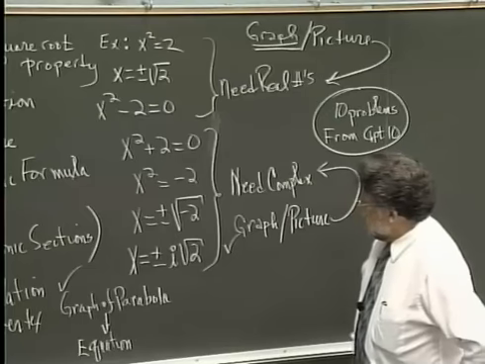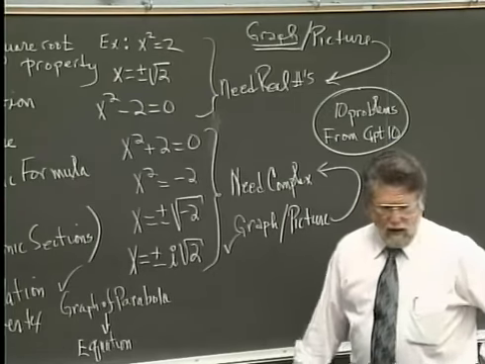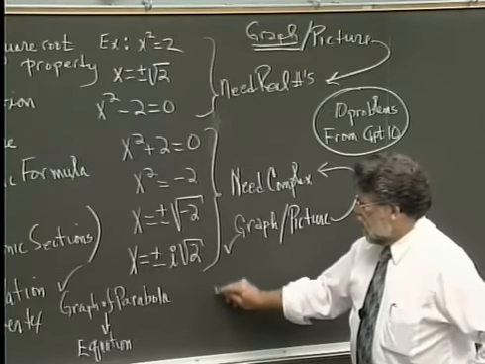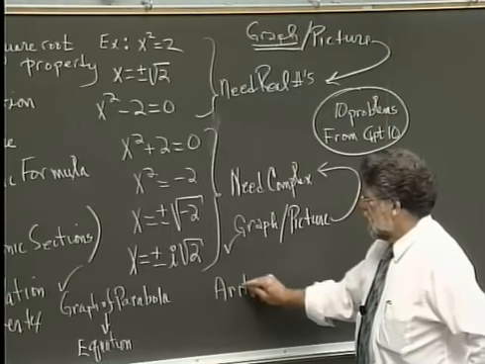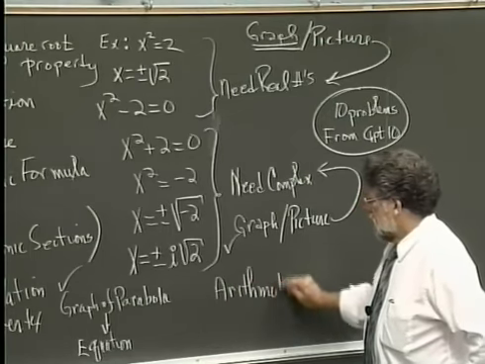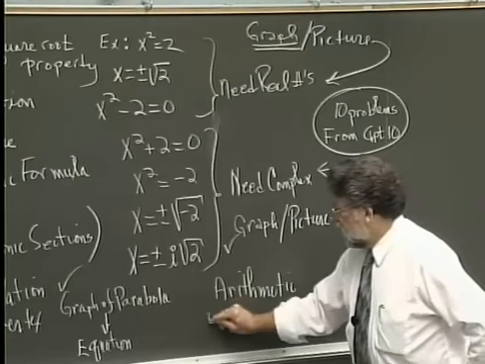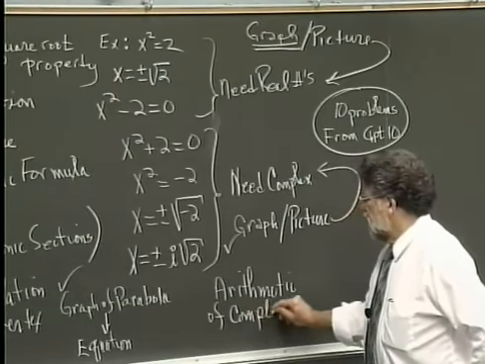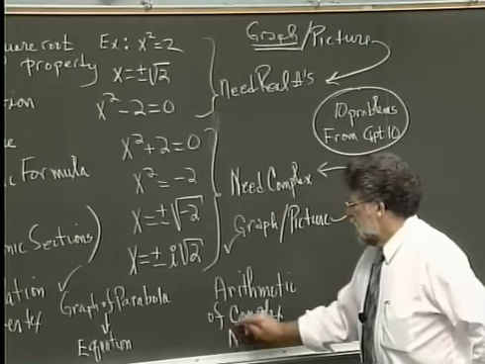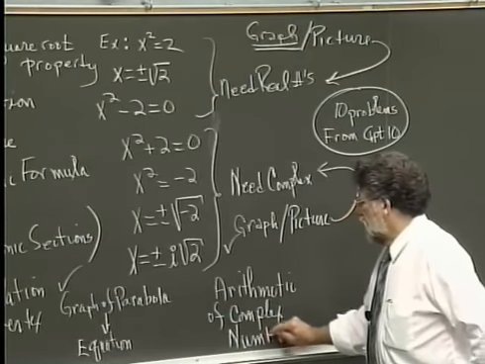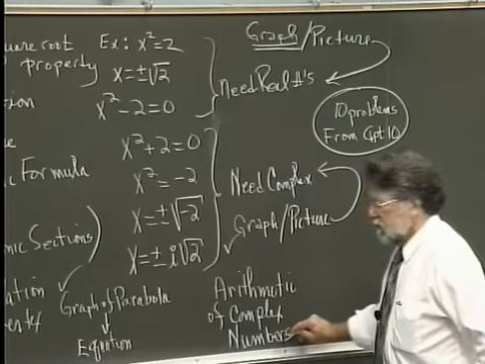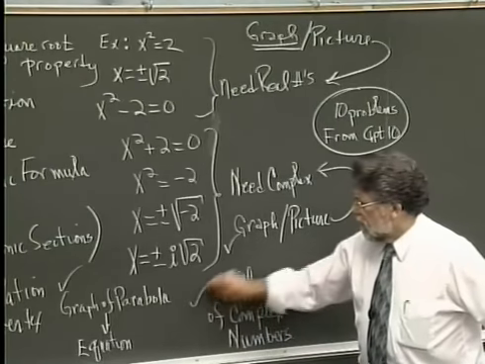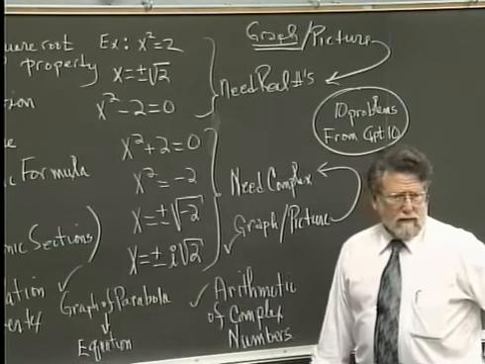And one thing I didn't do, we have 9 so far, and of course the 10th one is what? The arithmetic of complex numbers, the one we did today. So there's easily 10 different problems that you should be able to do.